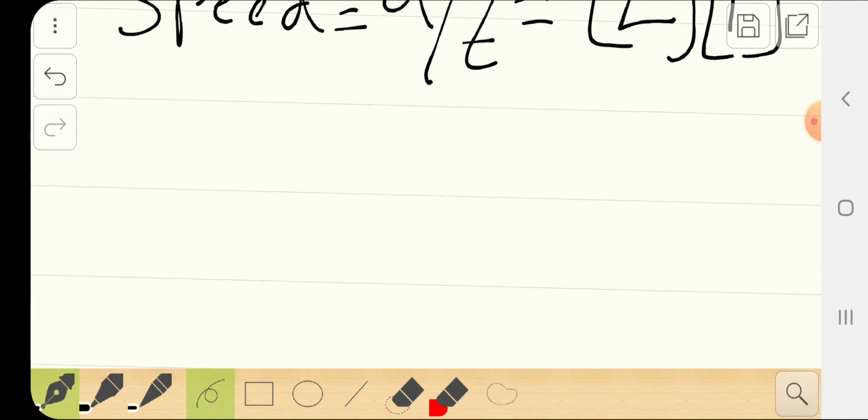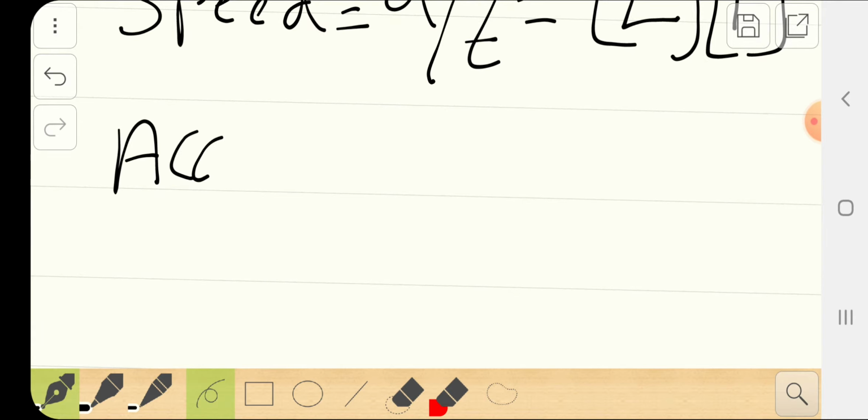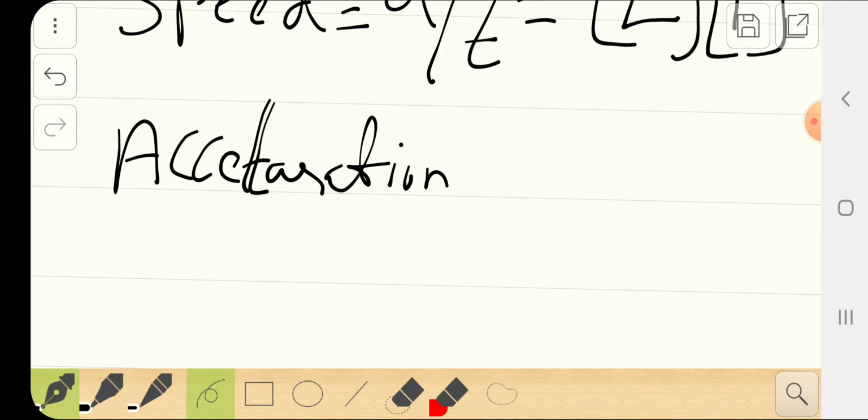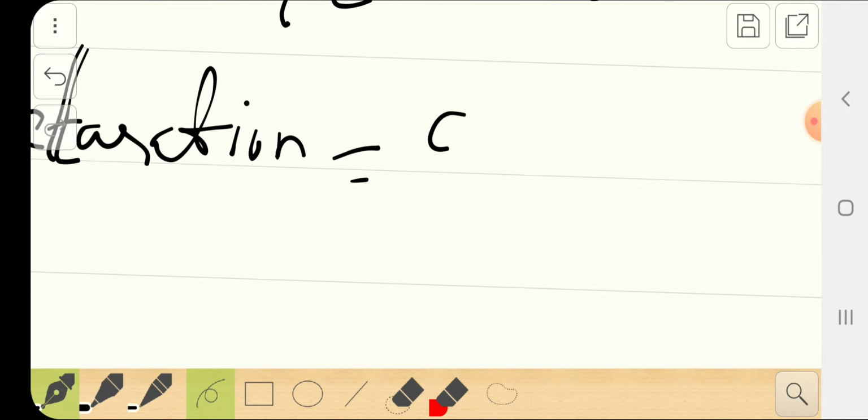And then there is acceleration, which is quite common. We will use it more, right? Acceleration. For acceleration, you have distance by time divided by time.